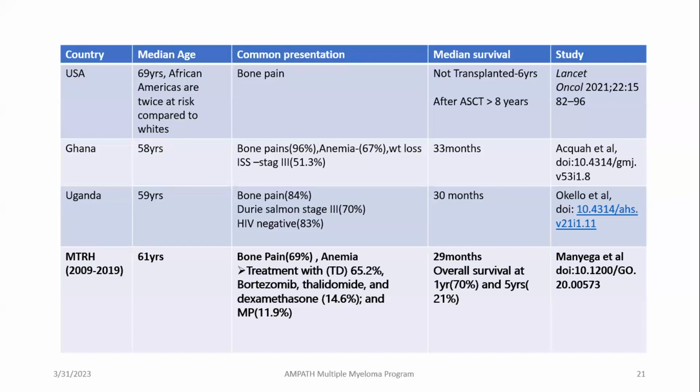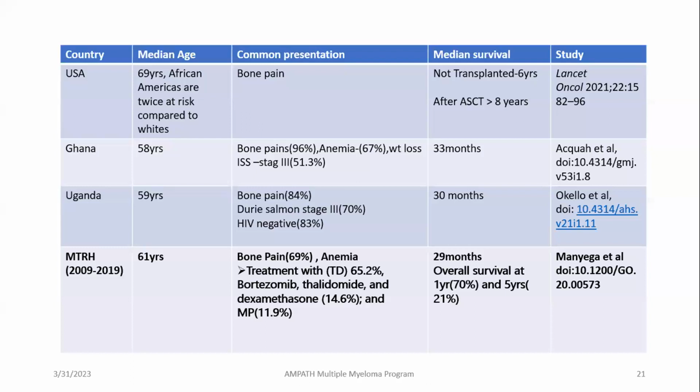Go get checked. And then when you look at the median survival, we look at those who have been transplanted. At the beginning of my presentation, I mentioned that there's been great progress because of targeted agents and the role of stem cell transplant.